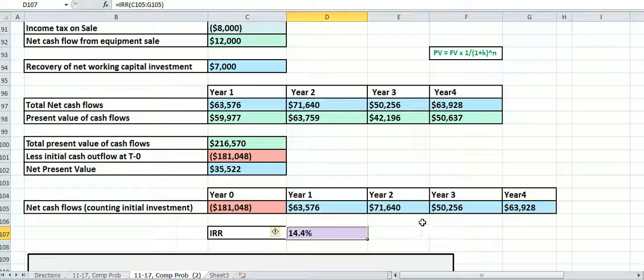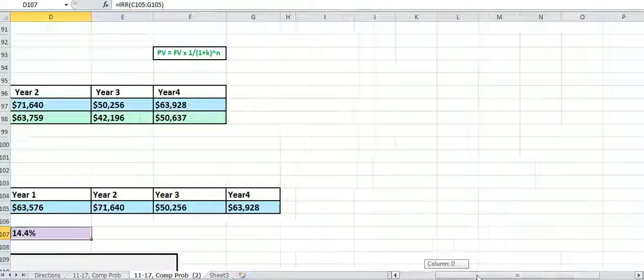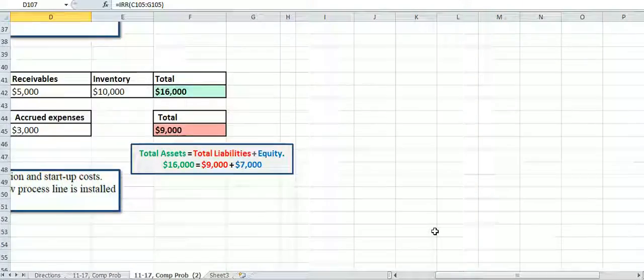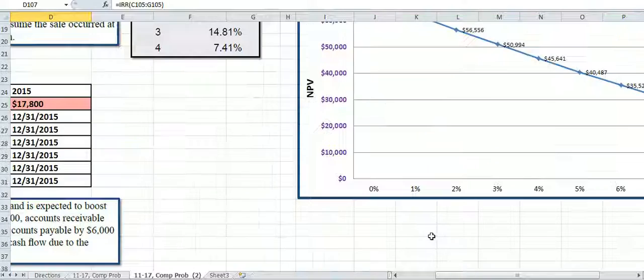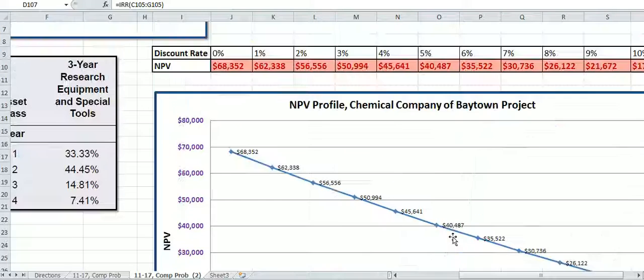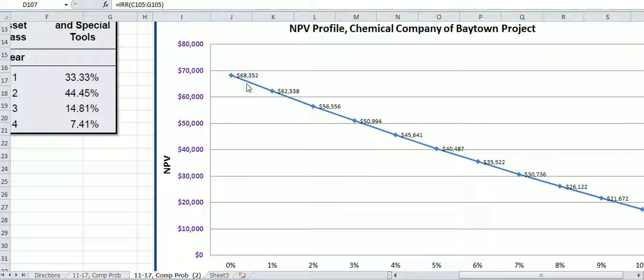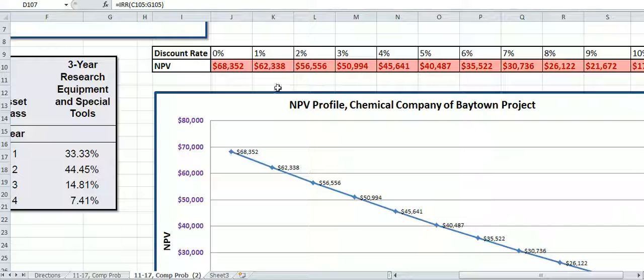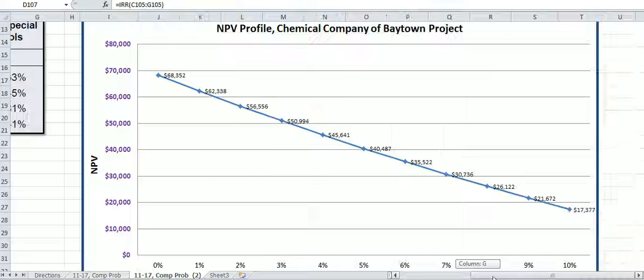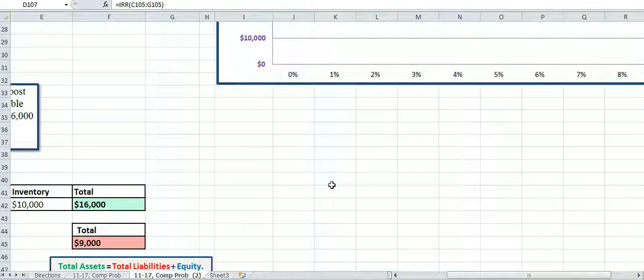And then I also put in a graph here. You can see we're right here at 6% right there. So you can see the profile of this project with different discount rates, just so you could see that.